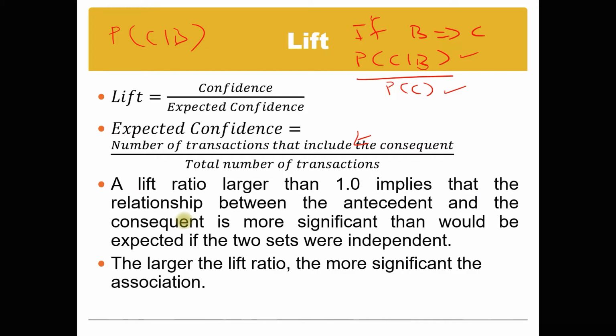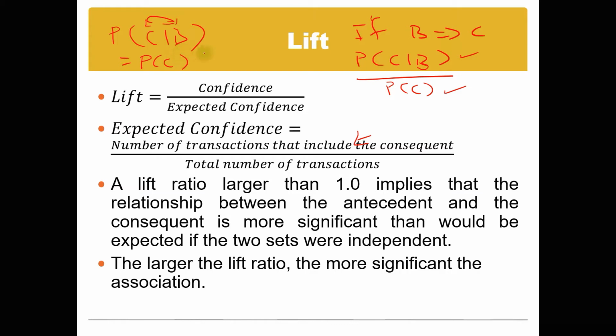So the probability of occurrence of one does not have an impact on the probability of occurrence or non-occurrence of the other. All right? So if these two are independent, the probability of C given B is just the probability of C, as we note.